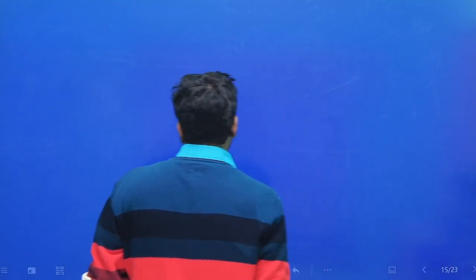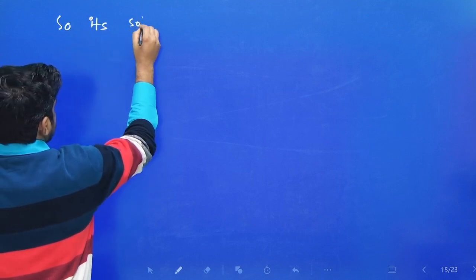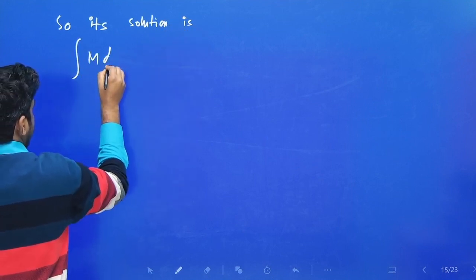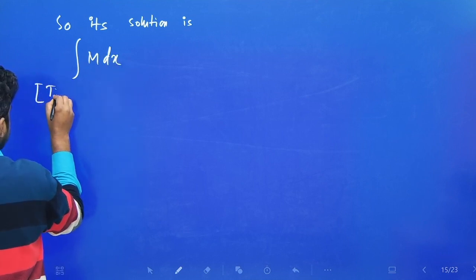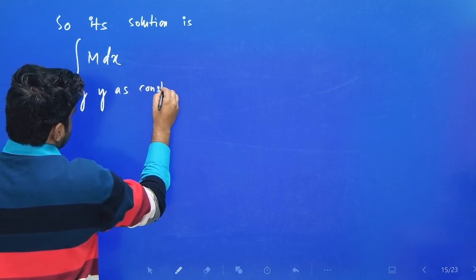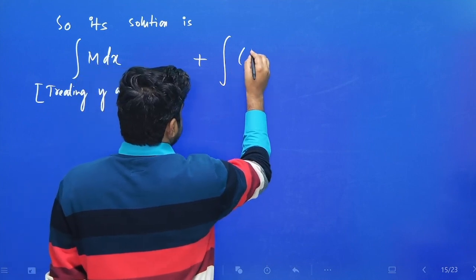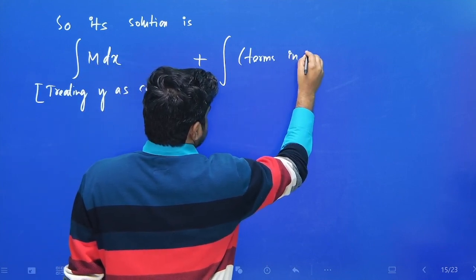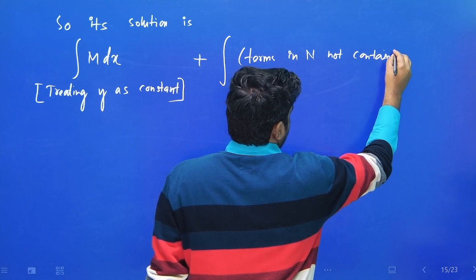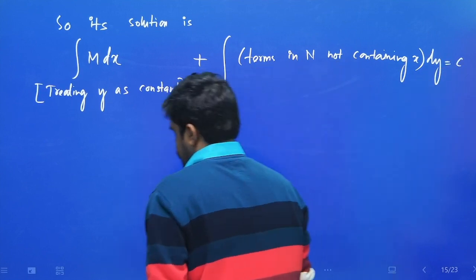So its solution is integration m dx treating y as constant, plus integration terms in n not containing x into dy is equal to c, right?